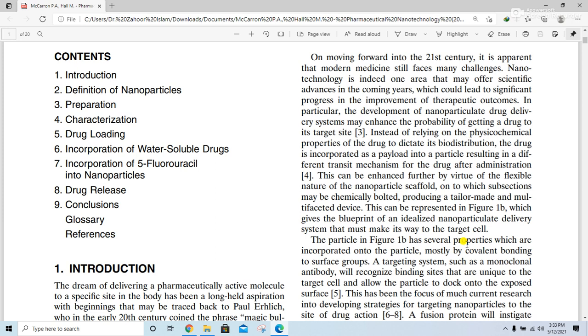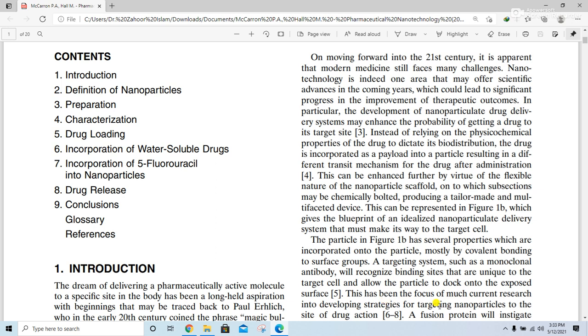The particle in figure 1B has several properties which are incorporated into the particle, mostly by covalent bonding to the surface groups. A targeting system such as monoclonal antibodies will recognize binding sites that are unique to the target cells and allow the particle to dock onto the exposed surface.